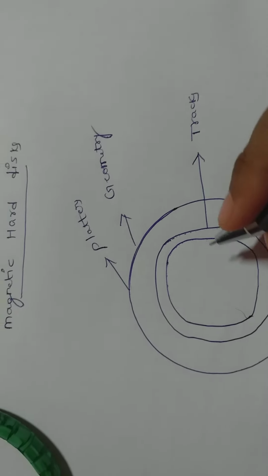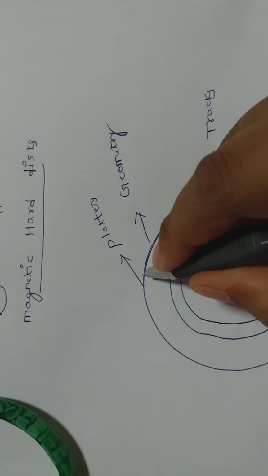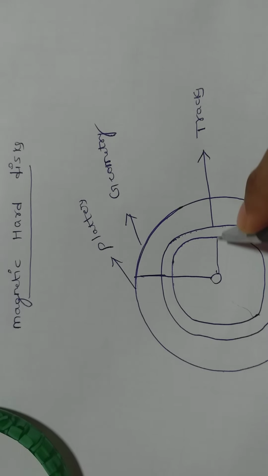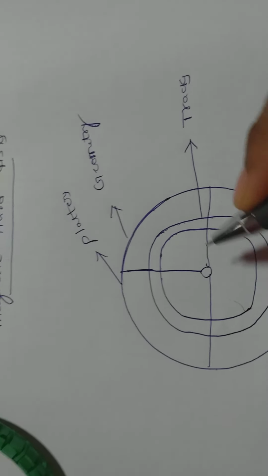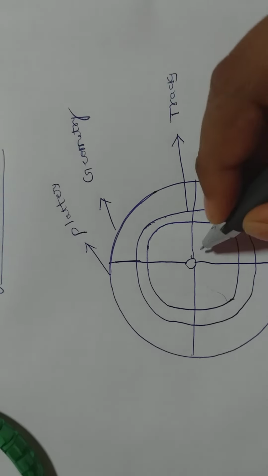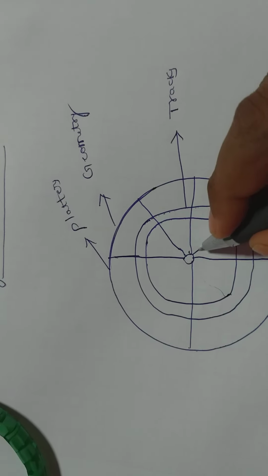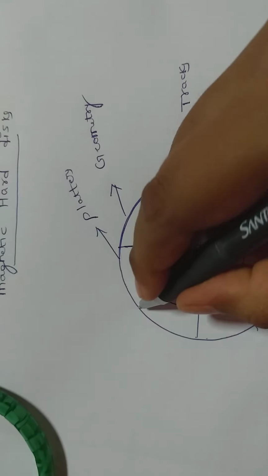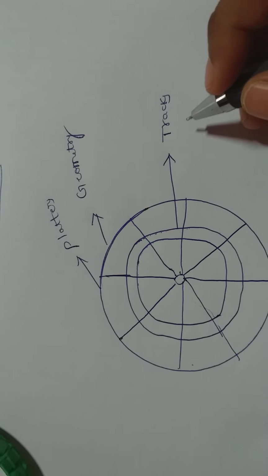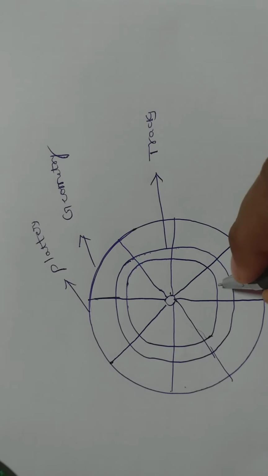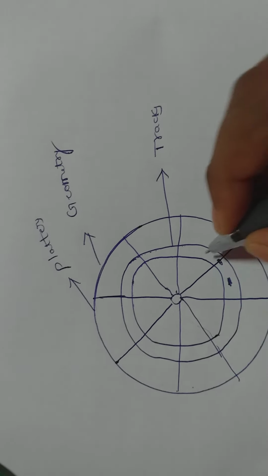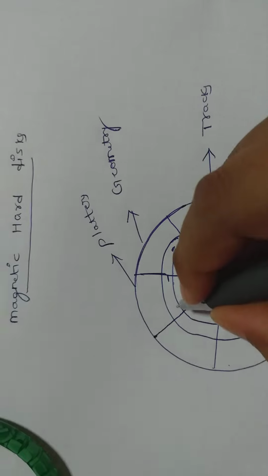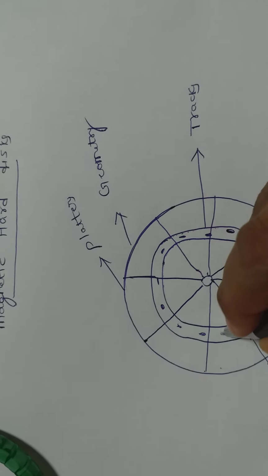Tracks, we have to divide the tracks. In tracks we are storing the information, like this.